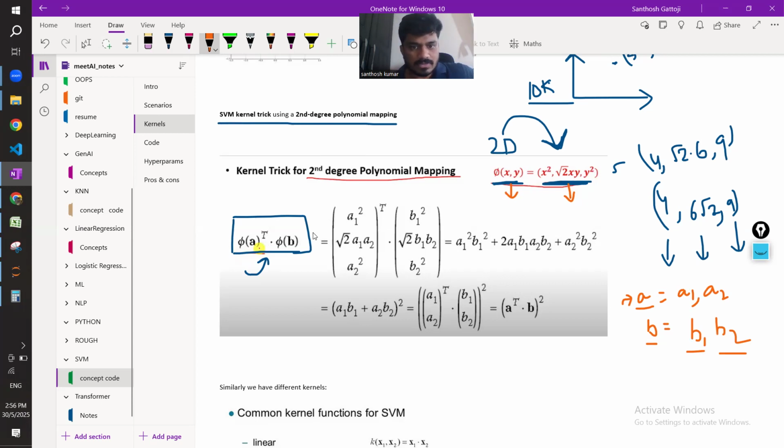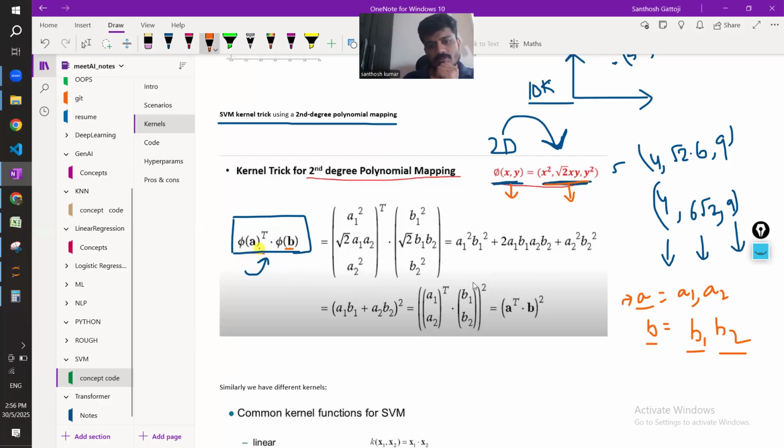And we are doing transpose, dot product with the other point B, which is B1, B2. If you replace this, you get these two. This is the kernel function we are computing, and it gives output in this format.